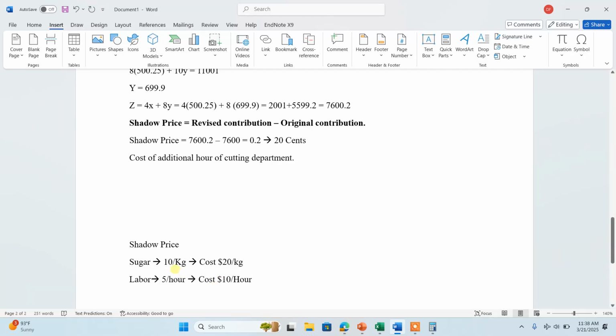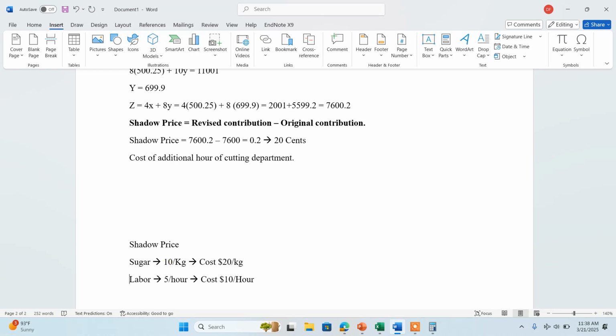Okay, this is the shadow price, my dear, the additional benefit of one unit. If I add 1 kilo more of sugar, because these are the binding departments, and the third one, the pulp, is the slack department, because there we have some extra hours. How can I know? Because the shadow price is 0.